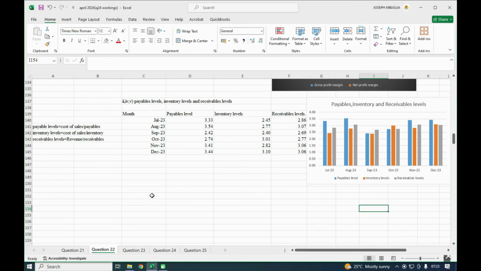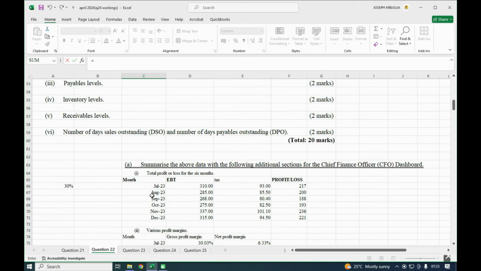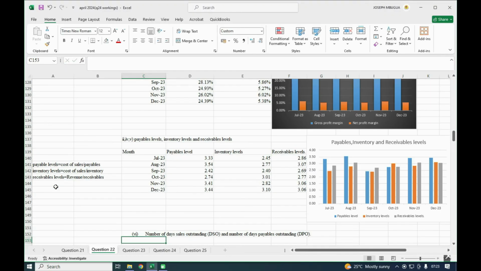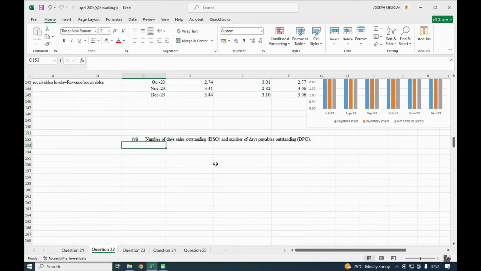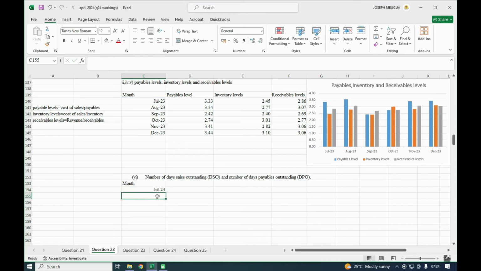And the last one was the DSO and the days payable outstanding. Still this chart just needs to have months, July to December.